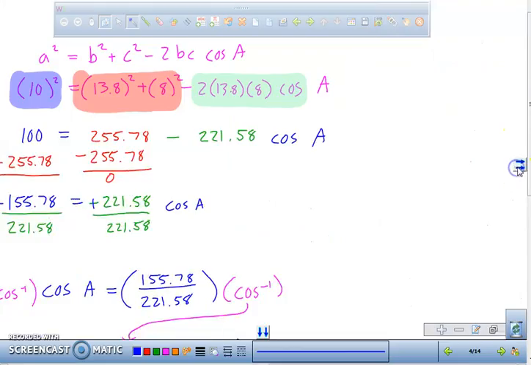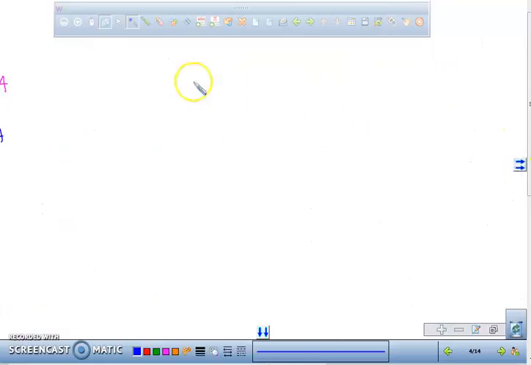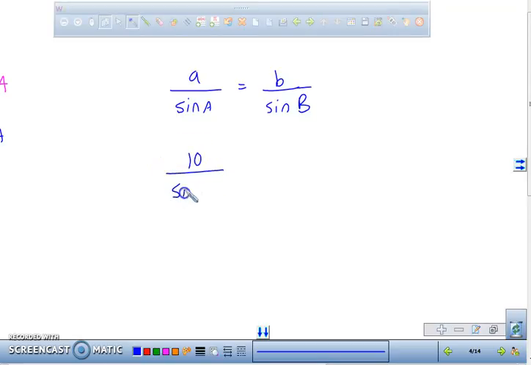So we're going to go over here and do the law of sines. Remember, the law of sines is going to say a over the sine of A equals b over the sine of B. Our lowercase a ended up being what? What was our lowercase a? 10. Okay, 10 over the sine of A equals, what was our lowercase b? 13.8 over the sine of B, and B was 100, right?